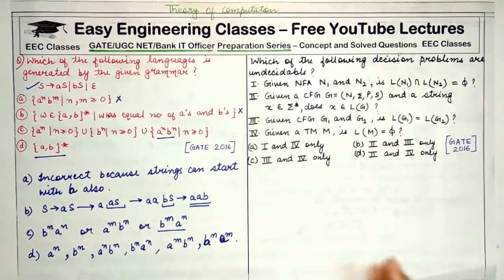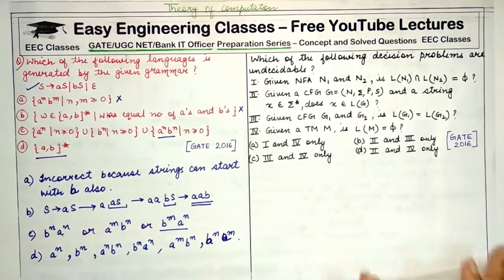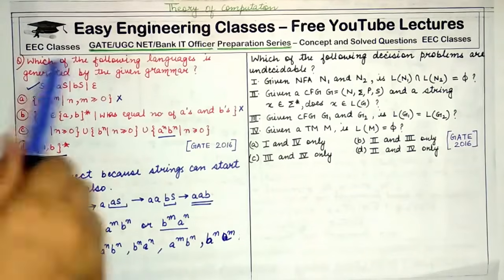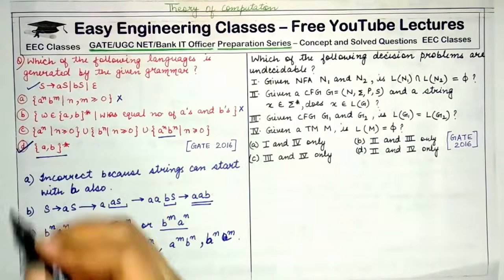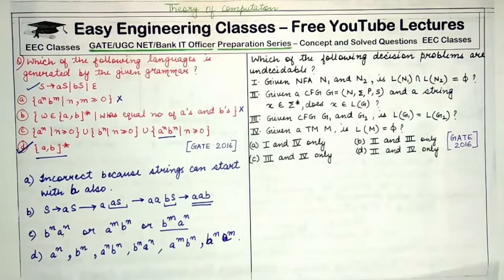So basically all those strings that are possible and can be generated using the two alphabets A and B can be generated by this grammar, and the correct option is D. So this was not very difficult. If you have practiced enough grammars, you will easily do this question and grab marks.